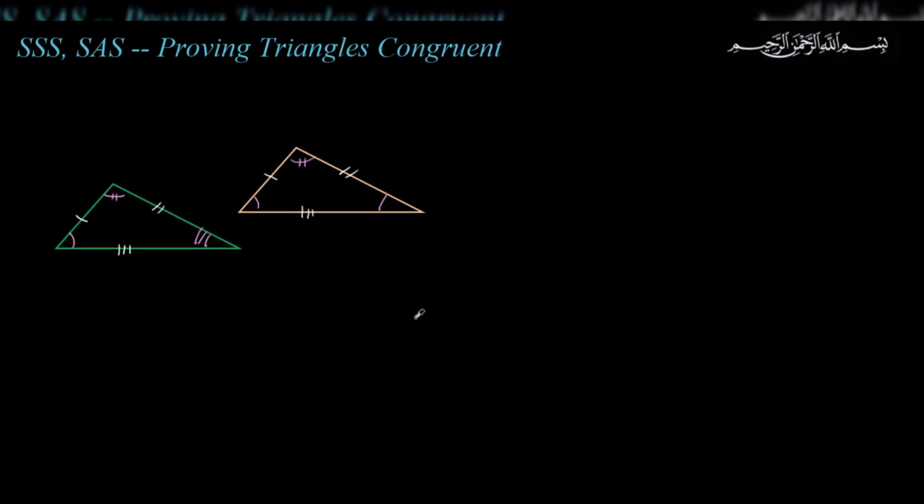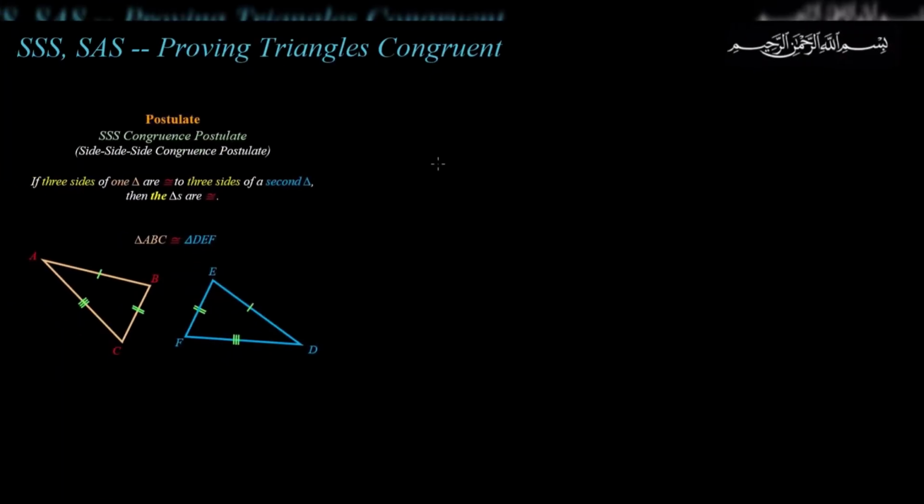In this section, we shall learn about the side-side-side and the side-angle-side postulates. That's what SSS and SAS stand for. We're going to use those postulates in proving triangles to be congruent. First I am going to explain the postulates, and then we shall, inshallah, do some examples.